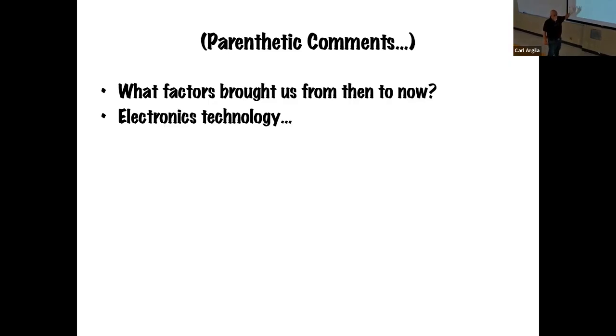The development of material science and integrated circuits, and all of the support technologies that allowed fabrication of computer components with greater and greater densities, even such mundane things as dissipating heat.